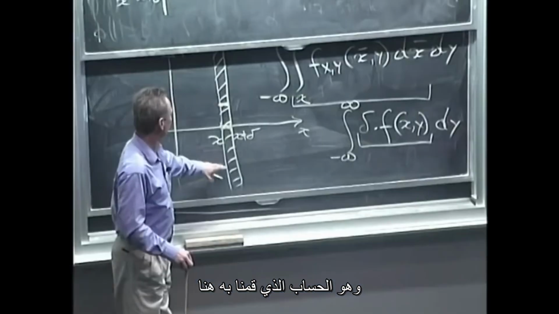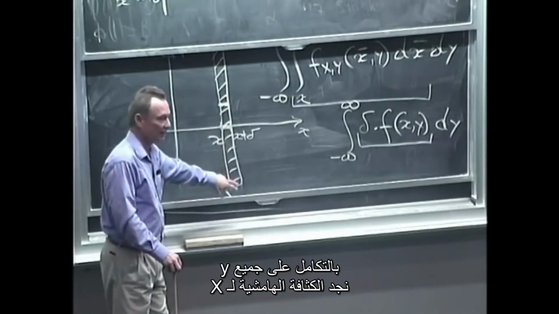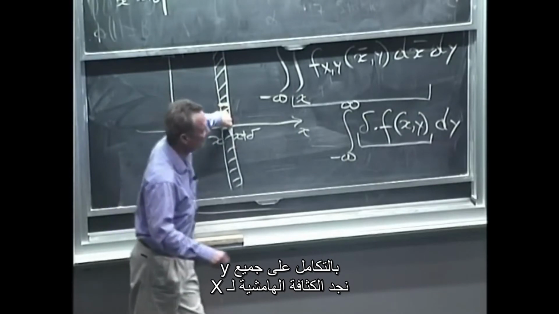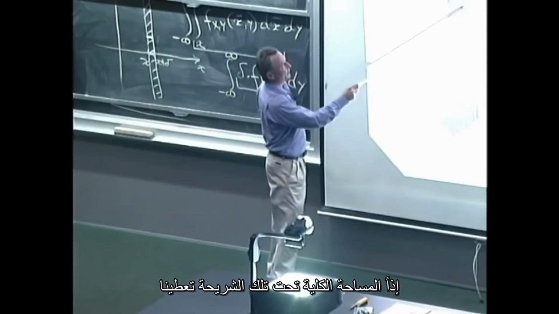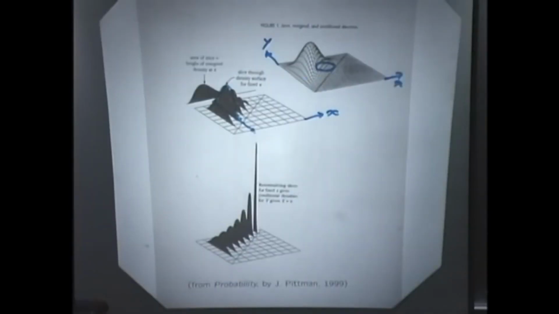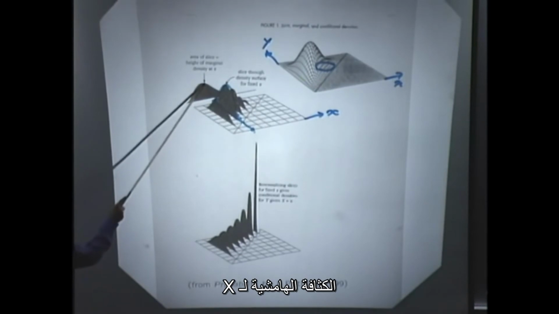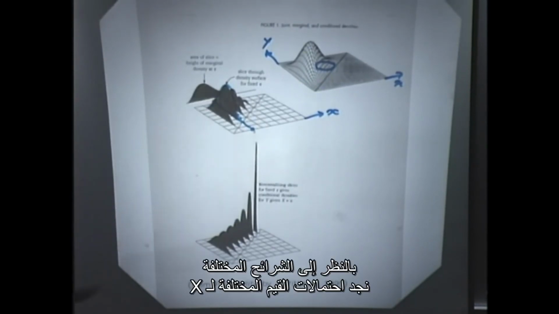It's the calculation that we did here. By integrating over all y's, we find the marginal density of x. So the total area under that slice gives us the marginal density of x. And by looking at the different slices, we found how likely the different values of x are going to be.